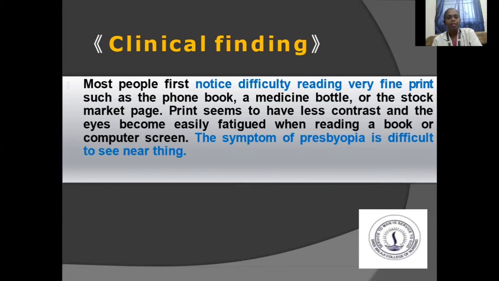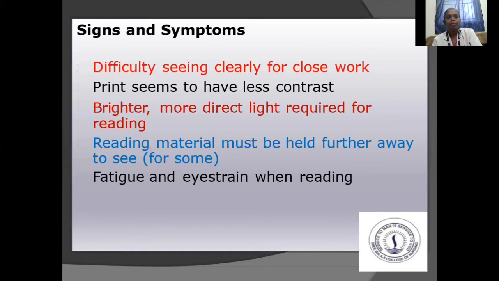The symptom of presbyopia is difficulty in seeing near things. Commonly they have the problem of difficulty in seeing closer things. Signs and symptoms of presbyopia include difficulty in seeing clearly for close work. Print seems to have less contrast, so they won't be able to read it properly. Brighter, more direct light is required for reading.